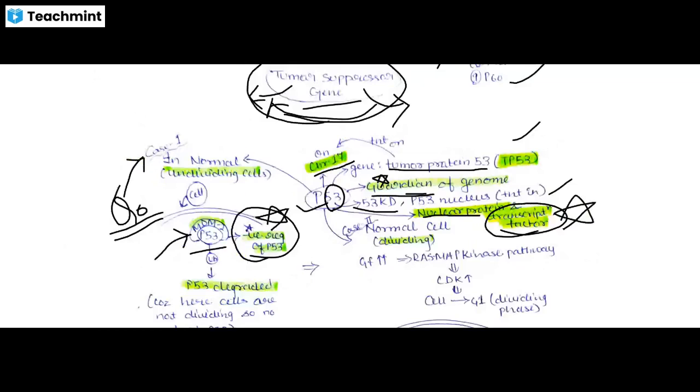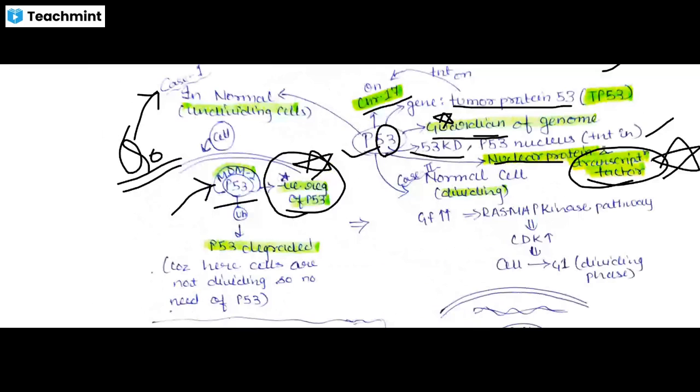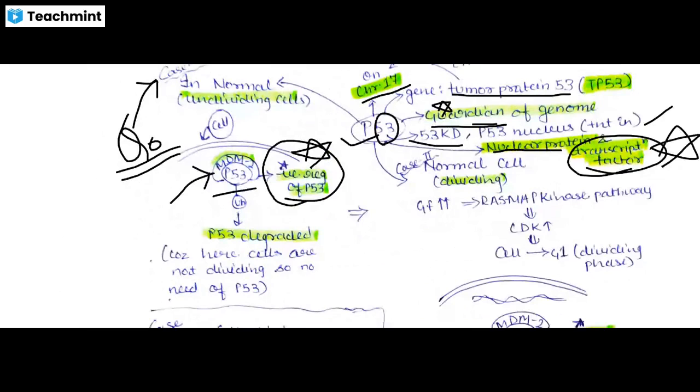When there is no division, then obviously there will be no damage. So we do not require P53 here. So what happens? MDM2 and P53 are bound with ubiquitin, and this ubiquitin degrades P53. So in undividing cells, P53 is degraded because the cells are not dividing, so no need of P53, right?